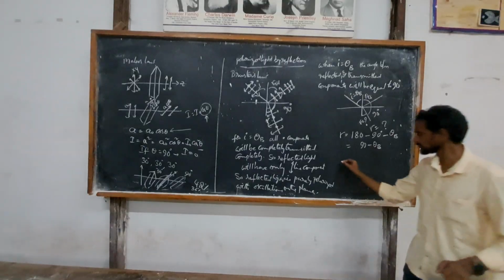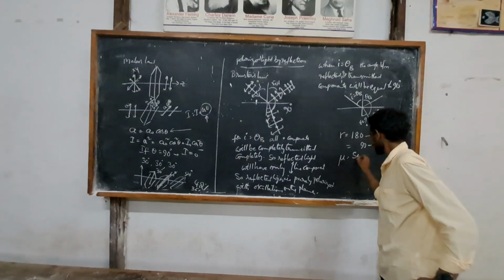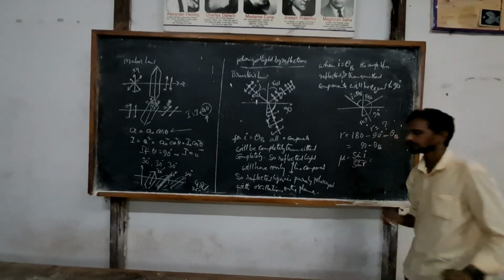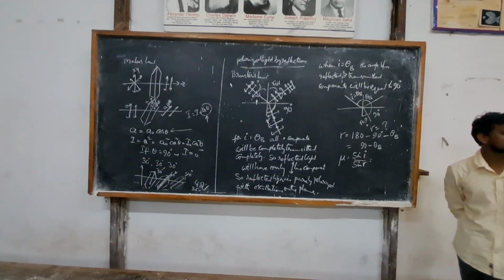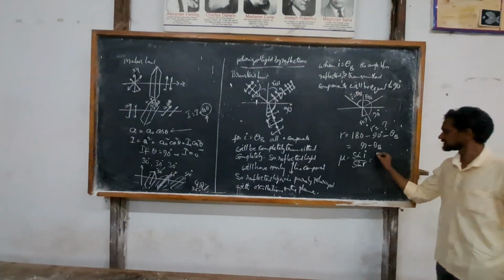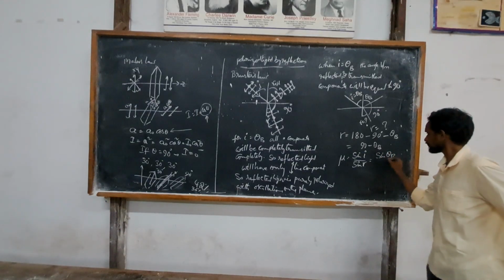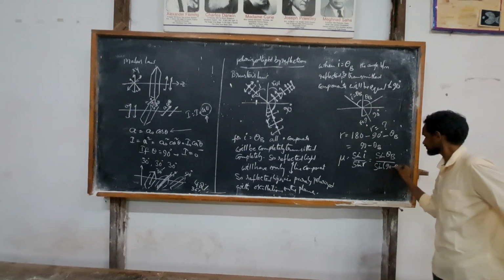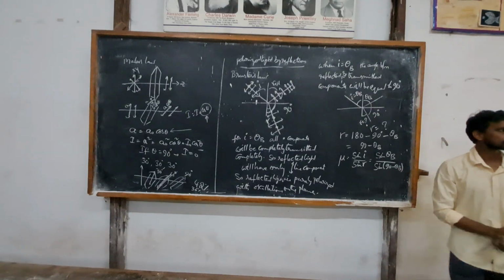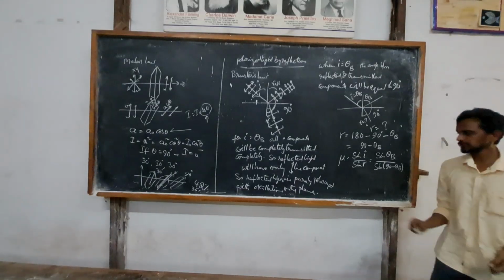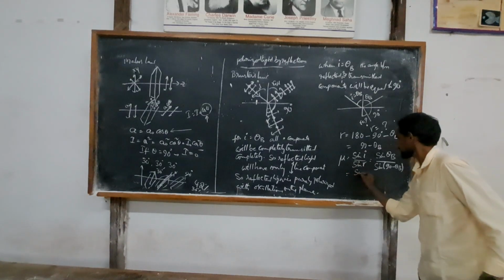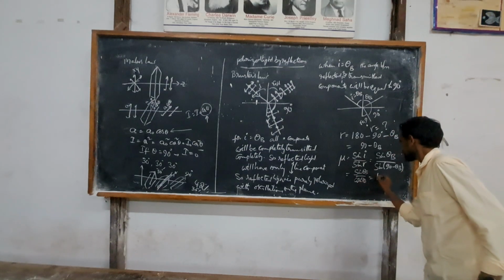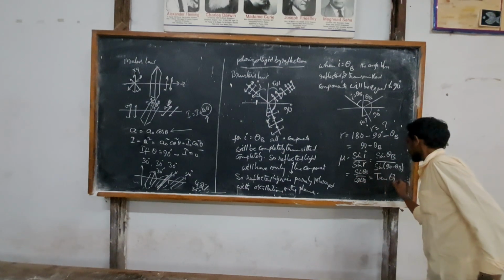Then what happens to the refractive index? It is sin i by sin r, right? What do you get? This is sin theta b by sin of 90 minus theta, which is sin theta b by cos theta b.